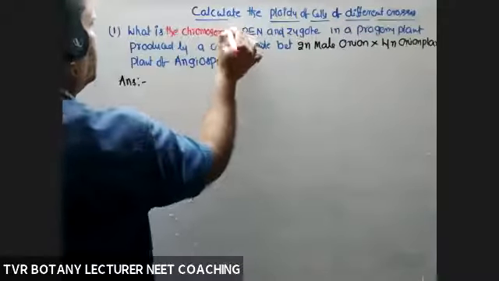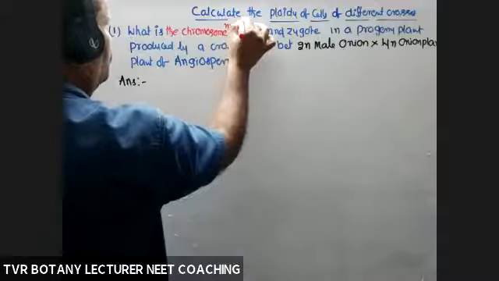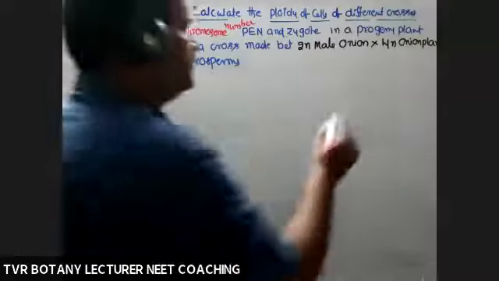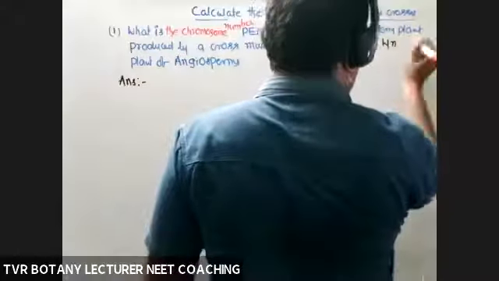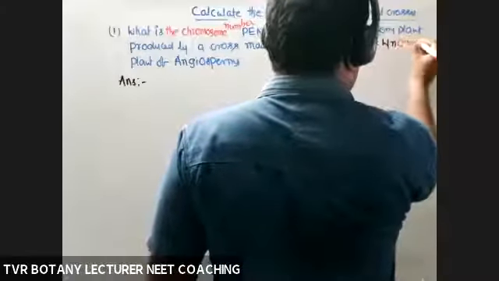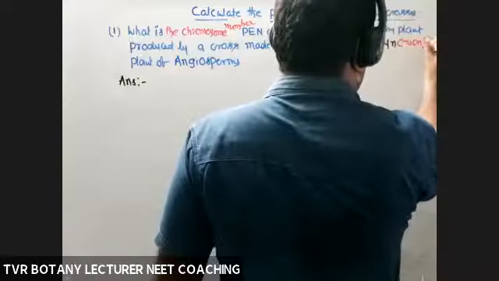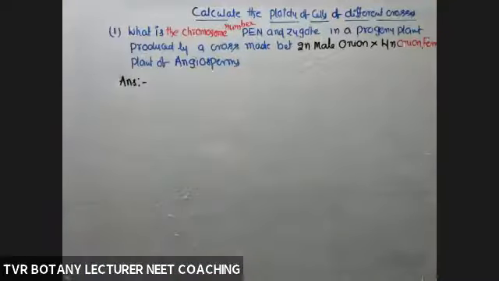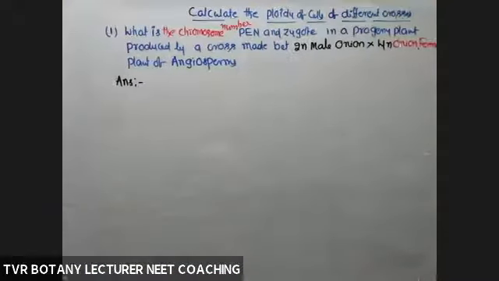Chromosome number in PEN, zygote in a progeny plant produced by a cross made between 2n male onion and 4n female onion plant.